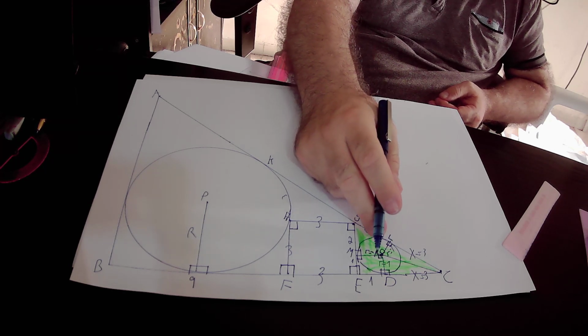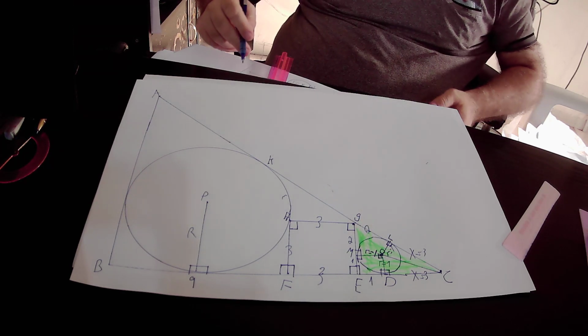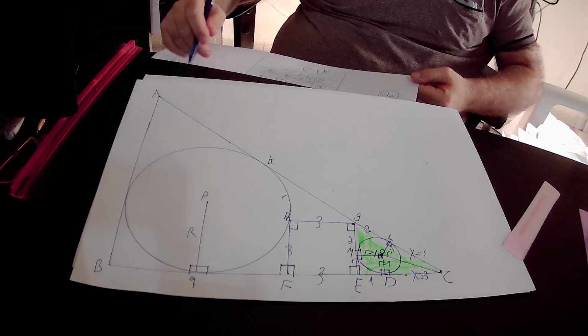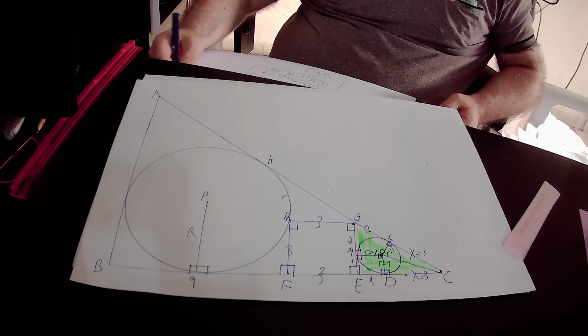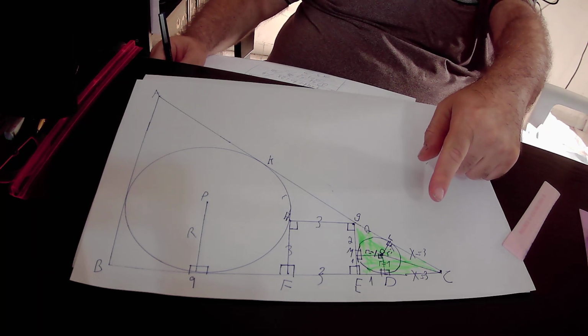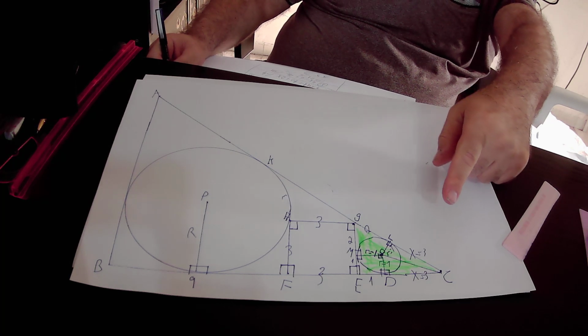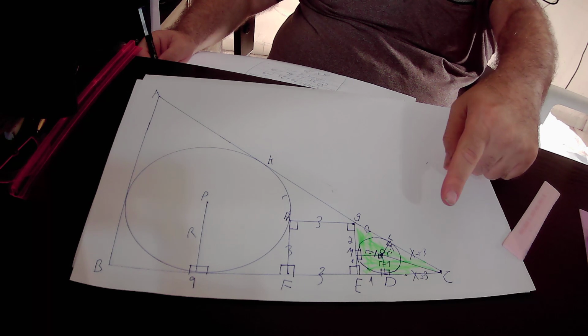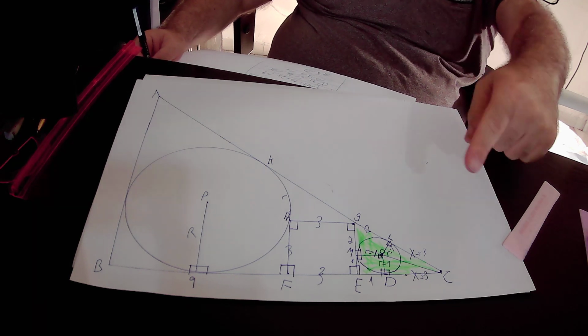So those two triangles are right triangles. We will prove that the small green right triangle, triangle LOC, is congruent to the small green right triangle, triangle OBC.